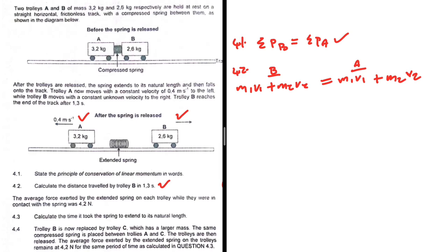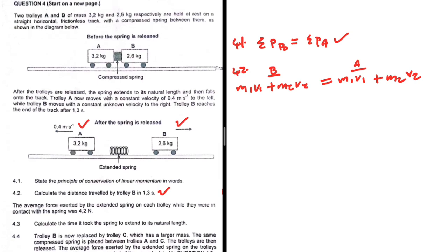Before the explosion, we have the two objects that are held at rest. So M1, the mass of trolley A, is 3.2 multiplied by 0, plus M2, 2.6 multiplied by 0. And after the explosion, not the collision in this special case of ours, the mass is conserved, 3.2.